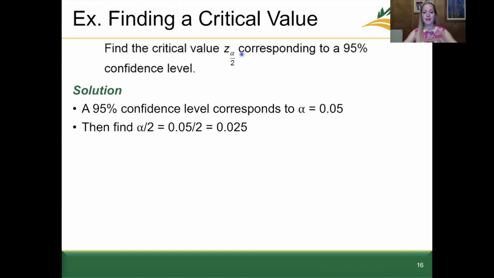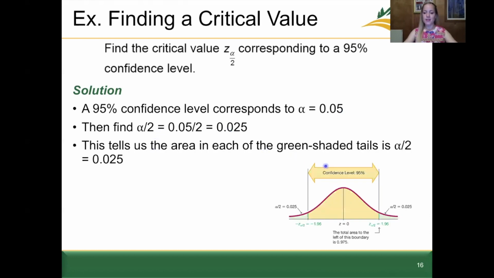Now that we know our alpha value, we can go on to the next step. So then we find our alpha over 2 here. So we take 0.05 divided by 2, that's 0.025. So we took our confidence level, then we found the corresponding alpha value, then we divide alpha by 2. Recognizing what alpha over 2 is important. So we just saw on the past normal distribution that the area on the right-hand side and the left-hand side is equivalent to alpha over 2.